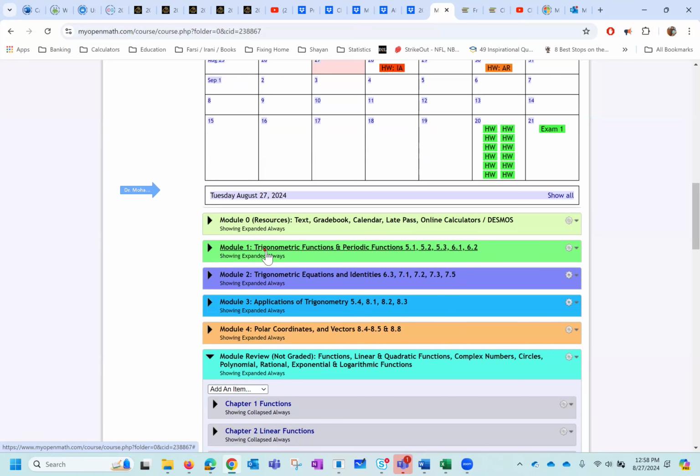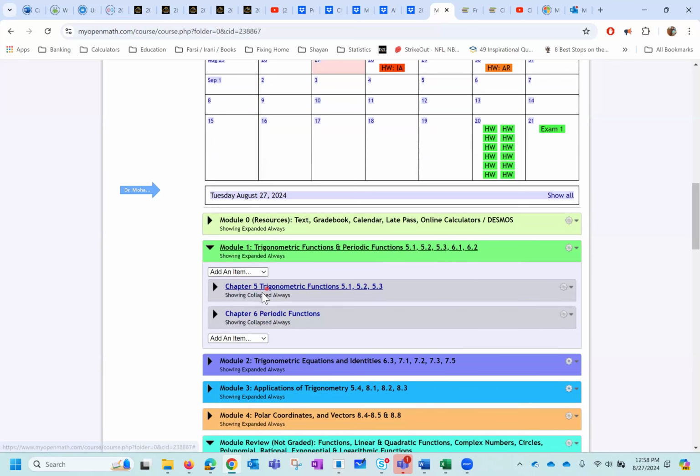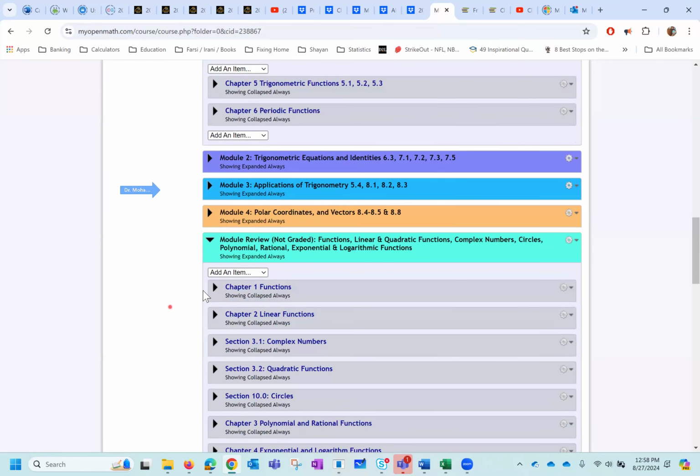Then under module 1, we have the chapters we cover with the homework and everything else. I will show you in a moment again, but before that, I want to look at this last one. After module 4, I have put module review. This is not graded, everybody.